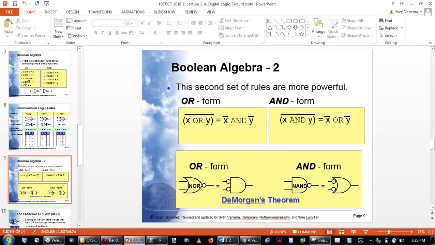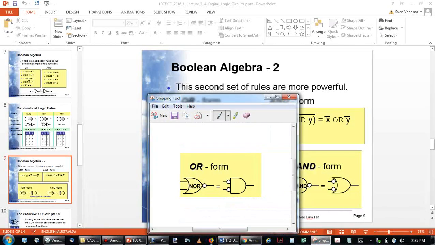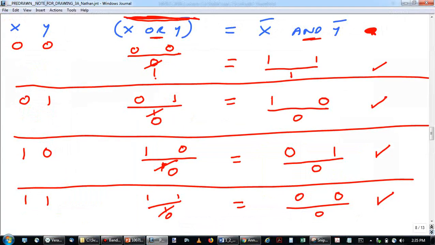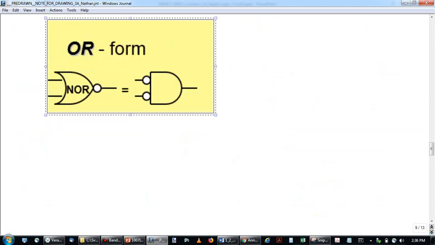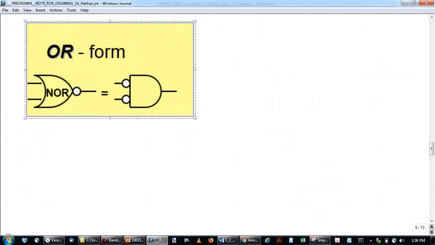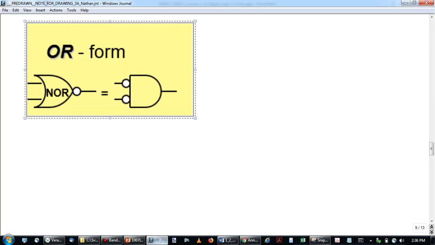So the next little bit that's going to be interesting for us, and this will come up in a couple of places. So let me just grab this one. So you see here the OR form. Actually, just want to highlight this part.